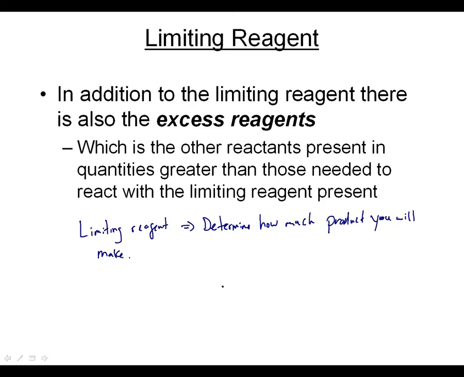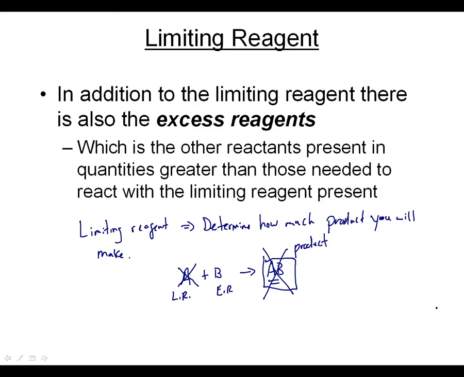So for example, if I have this reaction where I take A plus B to make A and B together, that implies that for every product that I make, I need to put A and B together. Now, if A was my limiting reagent, LR, and B was my excess reagent, as soon as I run out of A, there is no possible way to continue to make product, because in order to make this product, you need both of those things. You need A and B coming together.